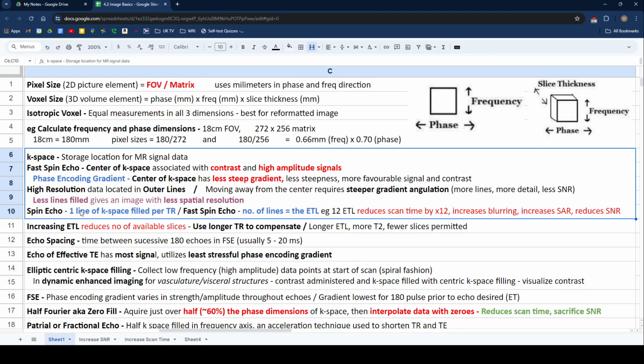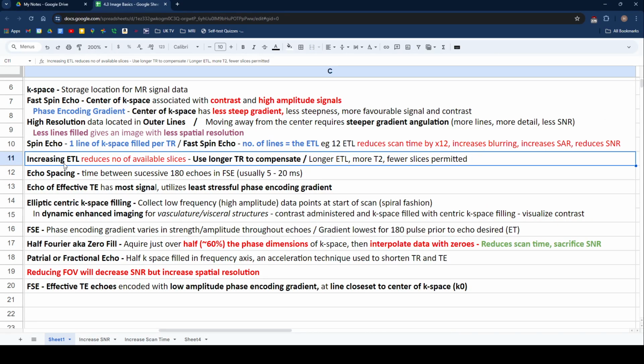Spin echo will fill 1 line of K-space per TR, repetition time. In a fast spin echo, the number of lines filled is the ETL. So a 12 ETL, echo train length, will reduce scan time by 12, increase blurring, increase SAR, but reduce signal to noise.